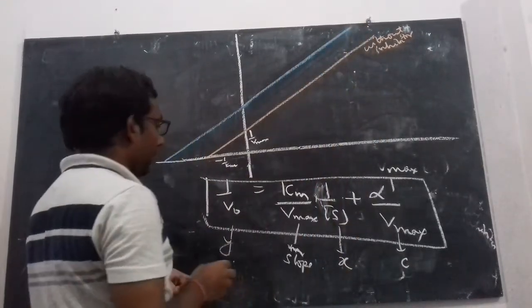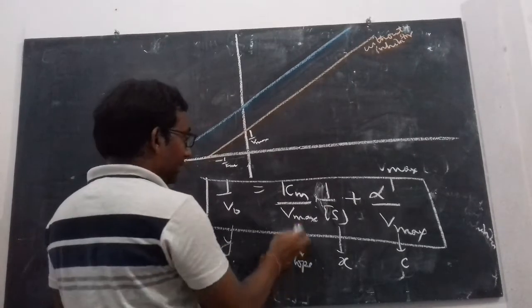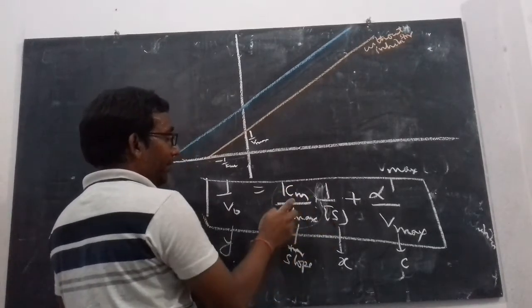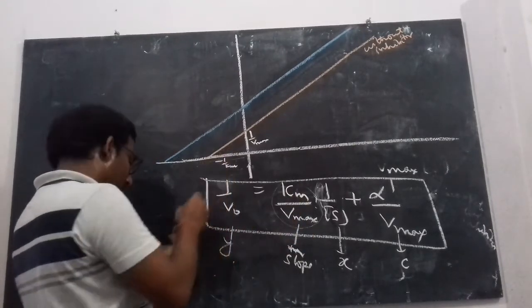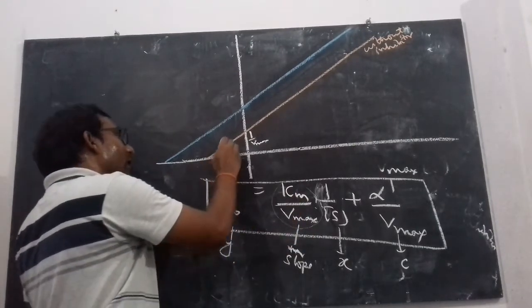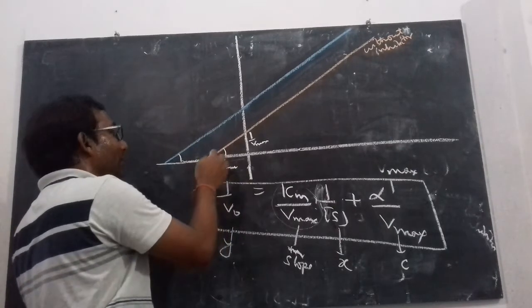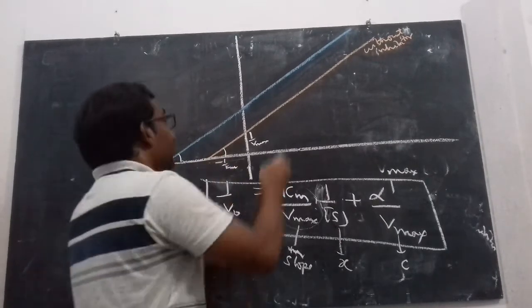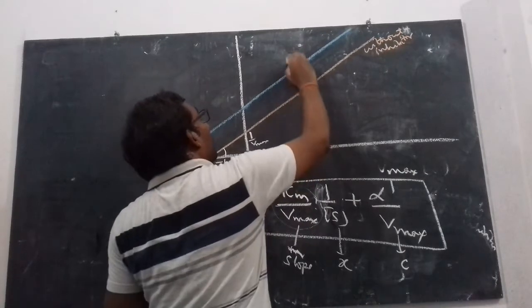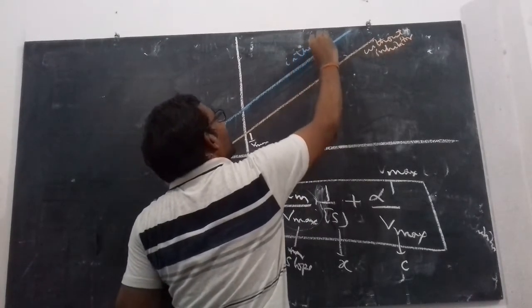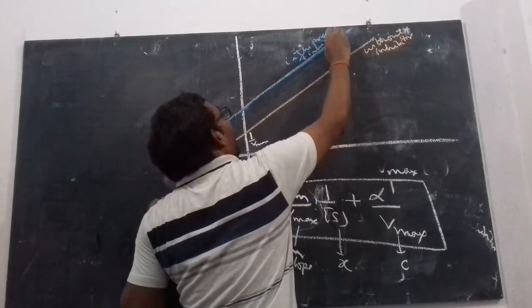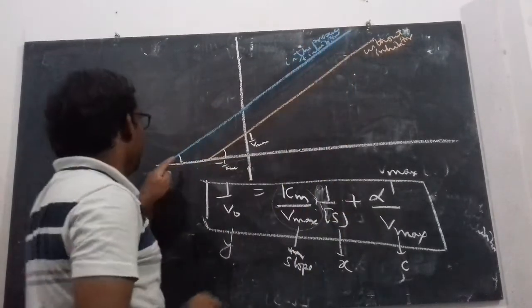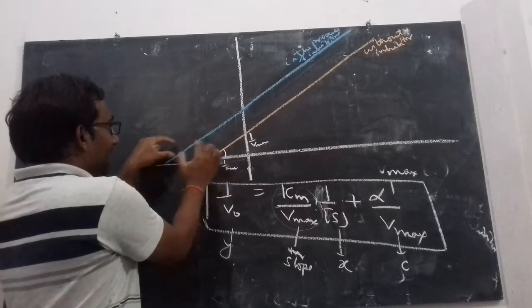After the coming of inhibitor, you see clearly the value of slope Km by Vmax has not changed, because you have read in mathematics also that corresponding angles are equal when the two lines are parallel. This is in the presence of inhibitor. What kind of inhibitor? Uncompetitive inhibitor. So the slope does not change. This angle and this angle do not change.